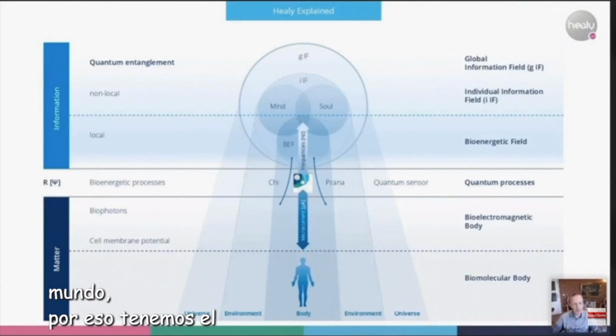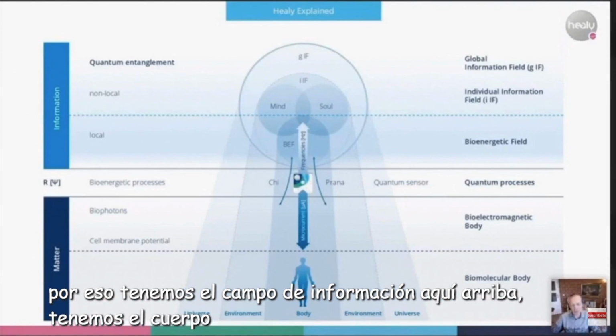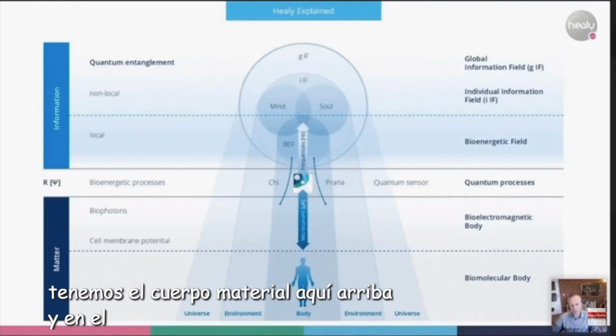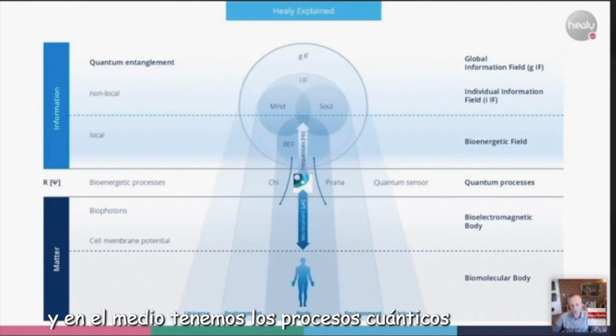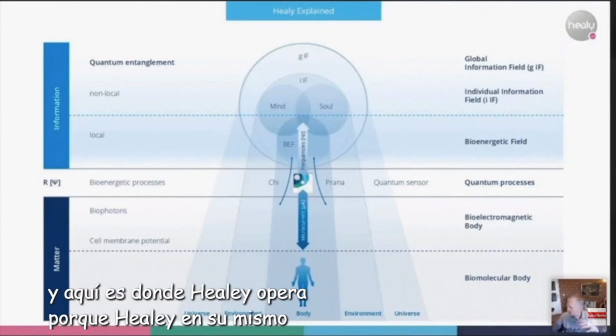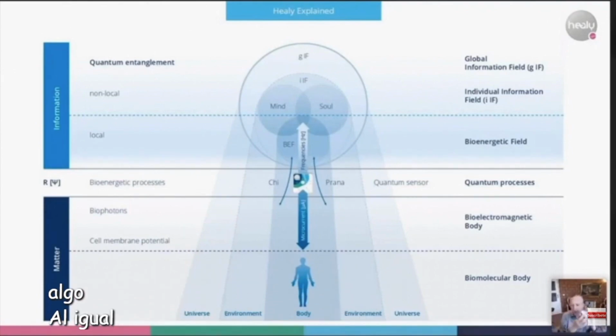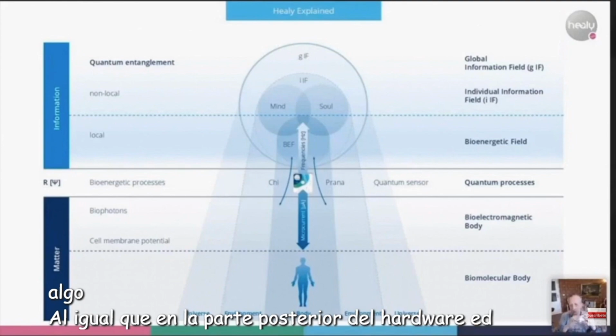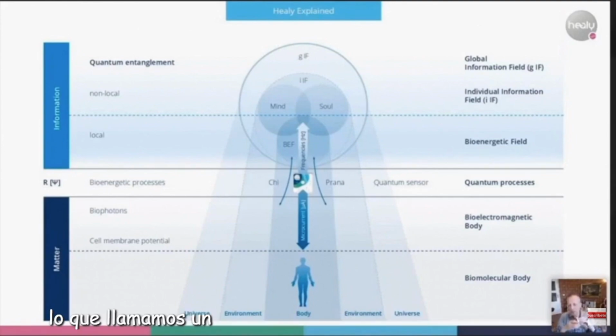So we have the information field up here, we have the material body down here, and in between we have the quantum processes. And this is where Healy operates, because Healy in its very center, on the back of the Healy hardware, has what we call a quantum sensor.